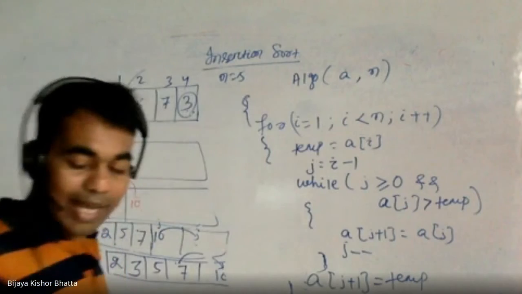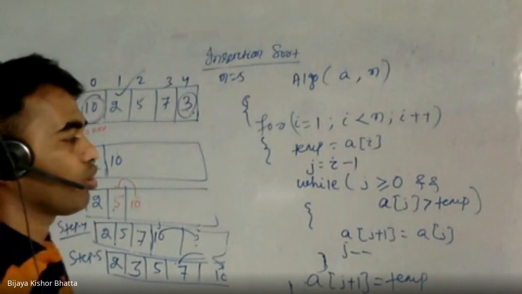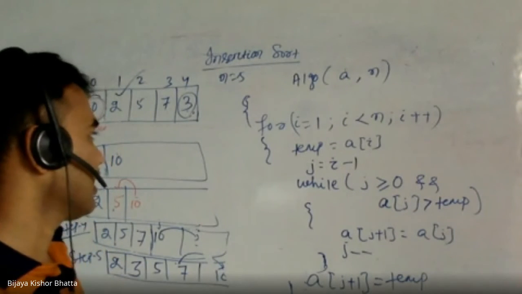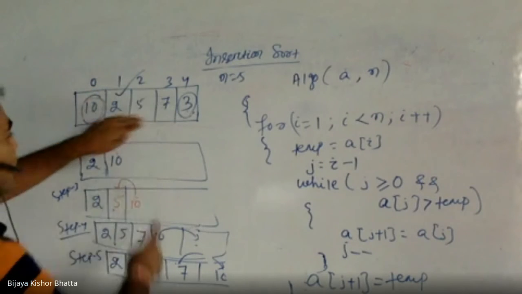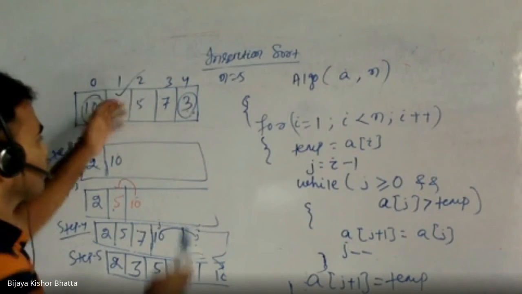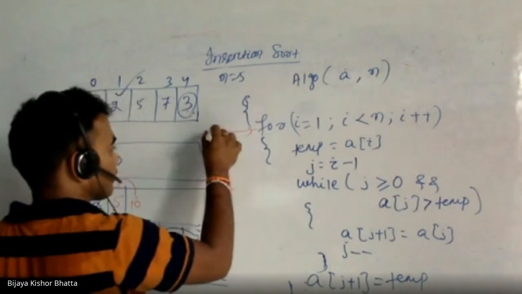Coming to the time complexity, it is again order of n square. You traverse one by one through the elements, and in the worst case for any element you need to shift every other element, so that is order of n.